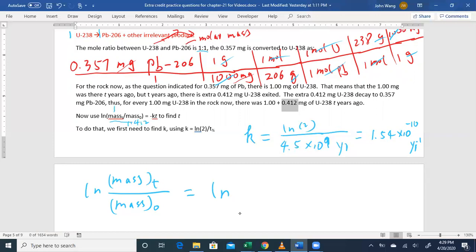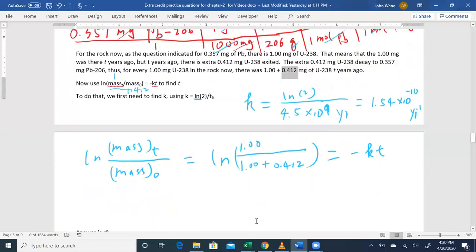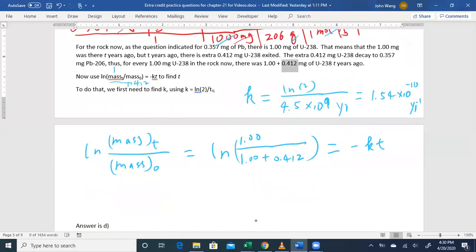So right now for every 1 milligram of uranium, we have 1.00 plus 0.412 milligram T years ago. So to this conversion, this will equal negative K times T. And then just use your calculator to find out this number.